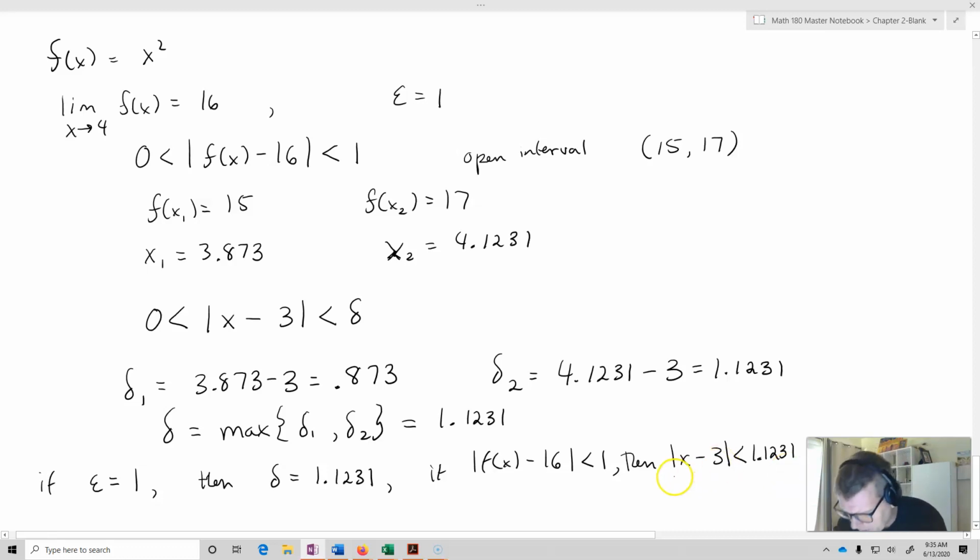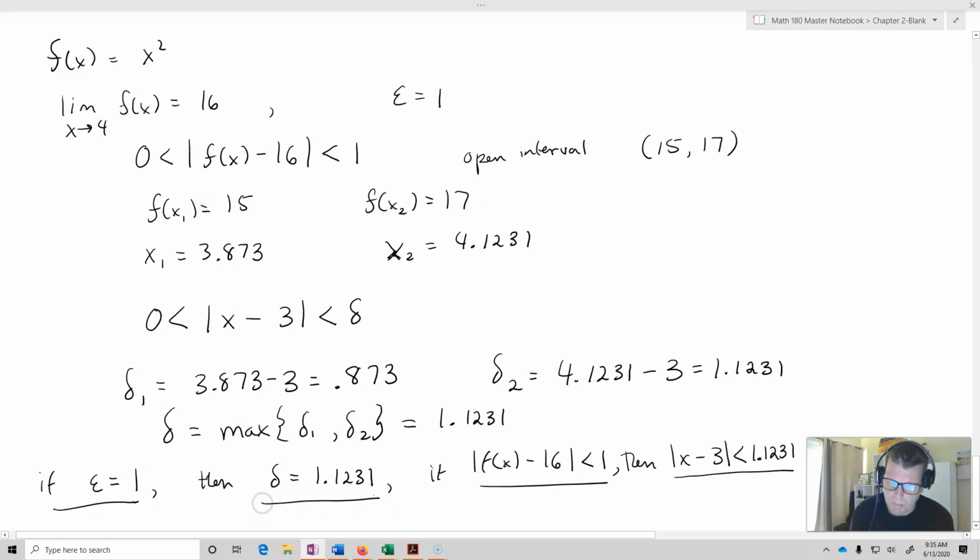Notice, here's our precise definition of the limit. If epsilon is equal to 1, then delta equals 1.1231. And so if the absolute value of f of x minus 16 is less than 1, then x minus 3 is less than 1.1231. It actually allows us to prove that if we have this particular epsilon, then we're going to have this particular delta.